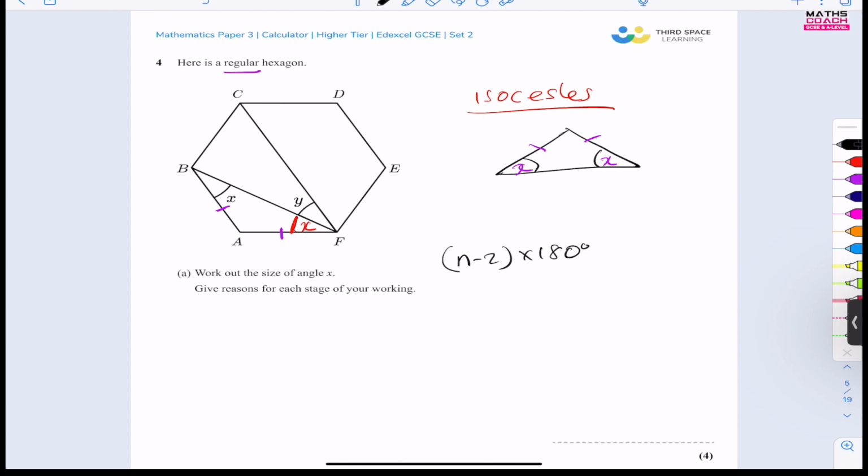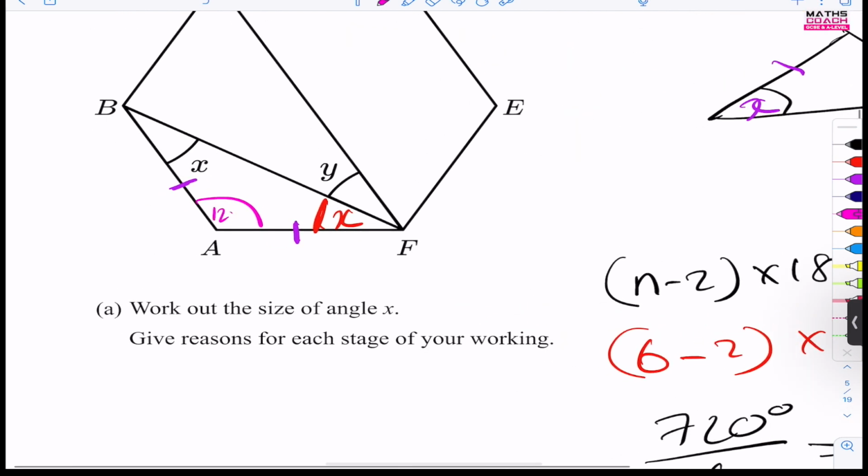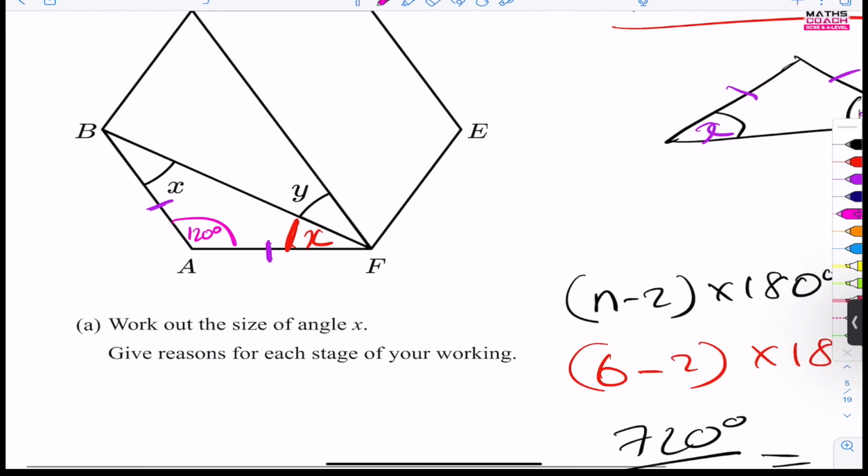A hexagon has 6 sides or 6 angles. So we'll do 6 minus 2 times by 180. And that gives us 720. So if we want to find out what one angle is, i.e. this one right there, or any of them, we just do 720, divide that by 6, and we get 120 degrees. So that means this angle here, let's zoom in here, is 120 degrees.